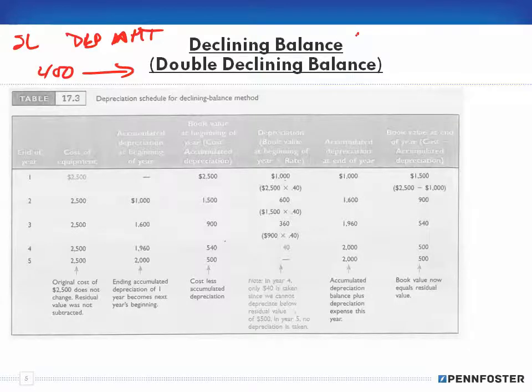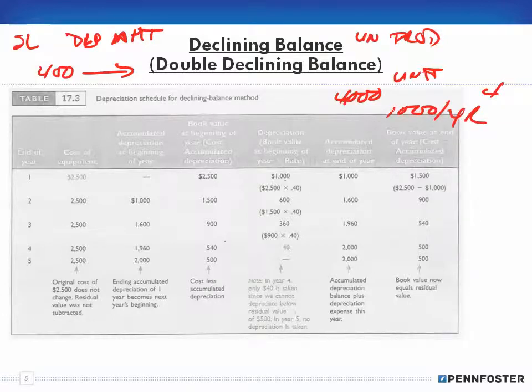And with units of production, we determined how many units the asset would produce over the same number of years. If it would produce 4,000 units over the course of 4 years, that would be 1,000 units per year, though that didn't necessarily mean it was an exact average.